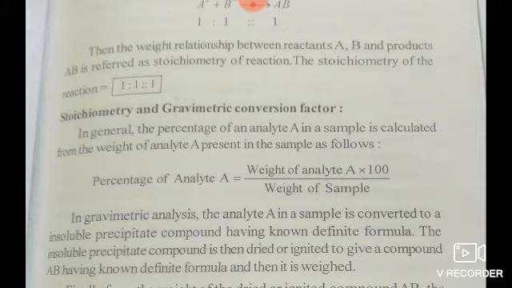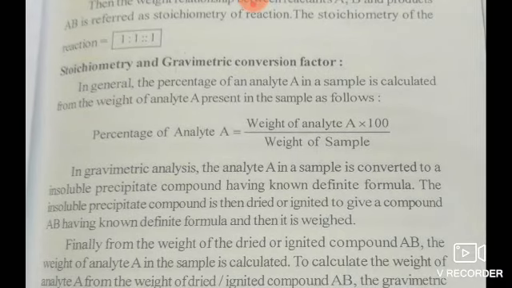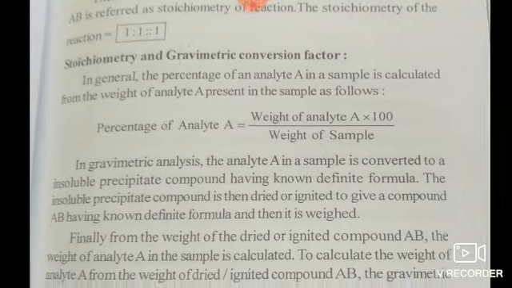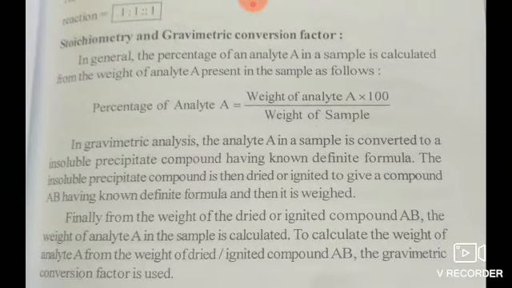The next topic is stoichiometry and the gravimetric conversion factor. What is the relation between them? In general, the percentage of analyte A in a sample is calculated from the weight of analyte A present in the sample as follows.